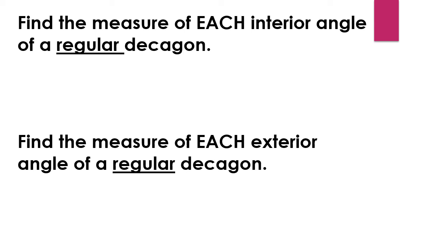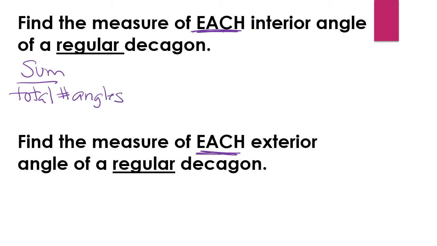Sometimes they will ask us to find the measure of each interior and each exterior angle. So basically what we will do is take the sum divided by the total number of angles. If we have a decagon, we are going to use the formula 10 minus 2 times 180.